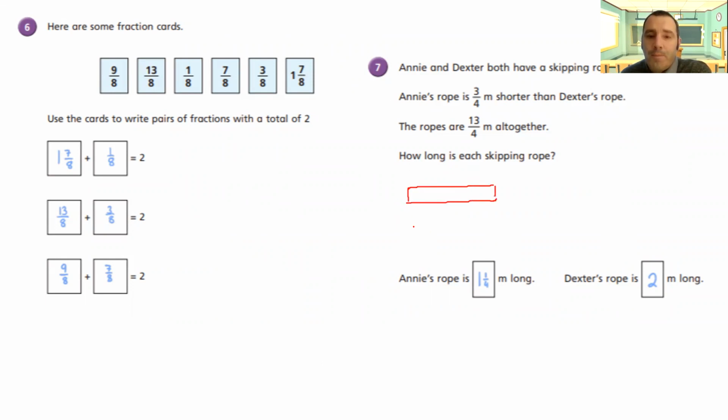1 rope and we've got 2 ropes, and the difference between the two here is 3/4 of a metre.